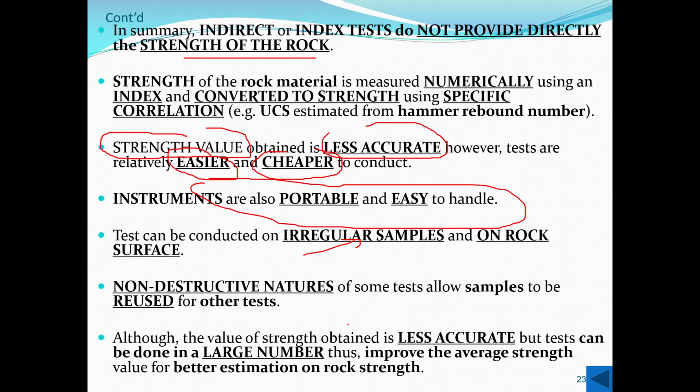Even though the strength that we get from this index test is less accurate, since we conduct it on a large number of samples, we can improve the strength because we can get the average strength of the rock, so it gives a better estimation of the rock strength.